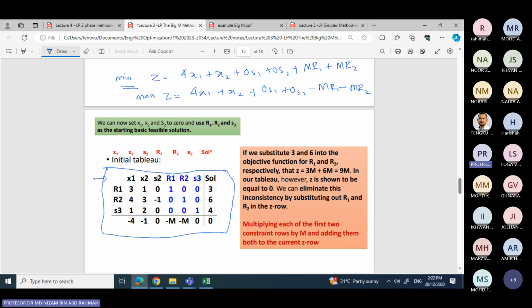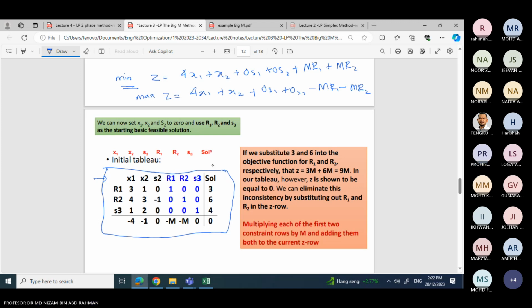For this particular case, in the book, it wrote s2 and s3, and they put them apart like this. It doesn't matter as long as you are consistent. And then R1 and R2, which are artificial variable 1 and artificial variable 2. So this is the top row of the tableau, and then the solution.